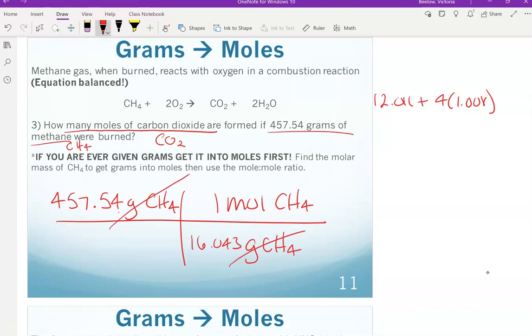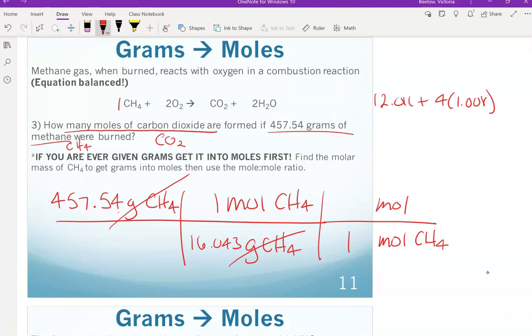However, I need my final answer in moles of carbon dioxide, and right now I am in moles of methane. So again, I'm going to write the same unit here, moles of CH4. Now I'm going to get this number from the balanced chemical equation. Again, you can assume that there's a 1 here in the front, so 1 mole of CH4.